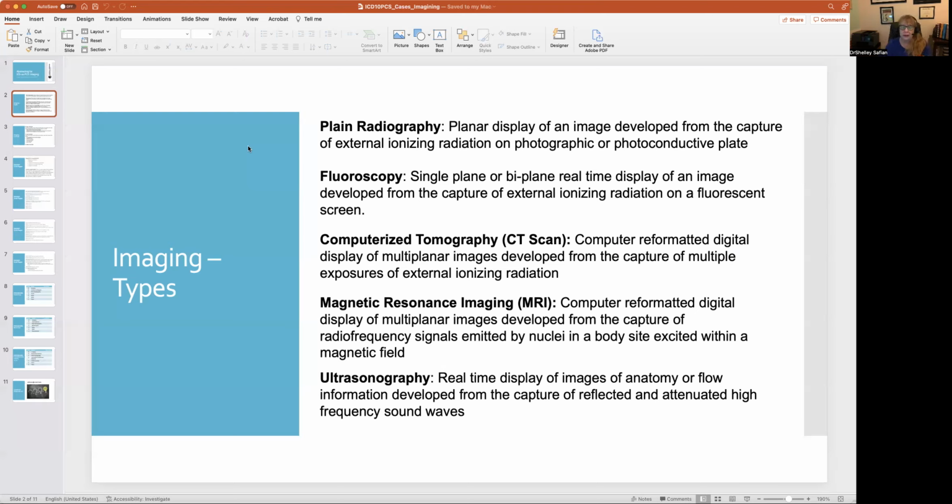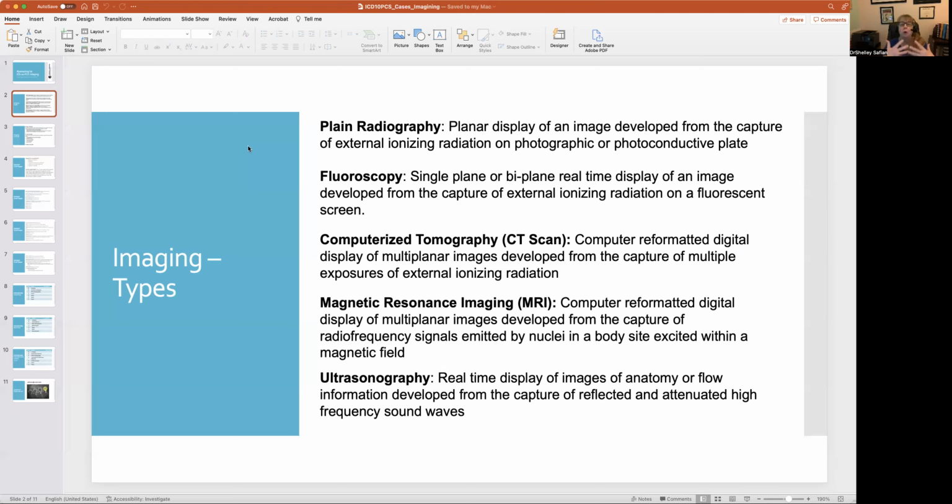The point is that you must be able to identify the appropriate or the proper type of imaging that has been done. Remember, coding only happens after it's done, not with the order, only after it's done. So that means you have to read the radiologist report as well as the documentation from the physician who ordered the test.